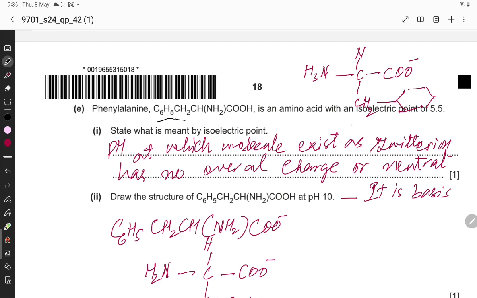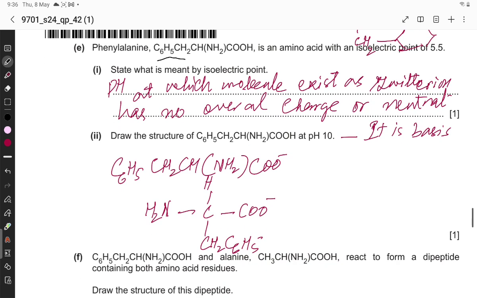Phenylalanine is an amino acid with an isoelectric point of 5.5. State what is meant by isoelectric point. The isoelectric point is the pH at which the molecule exists as a zwitterion and has no overall charge, or in other words, the neutral point is the isoelectric point.